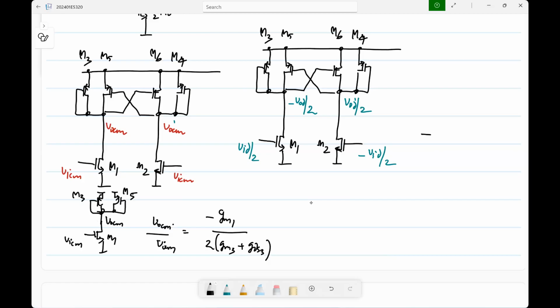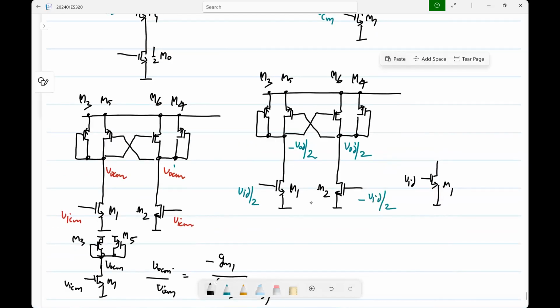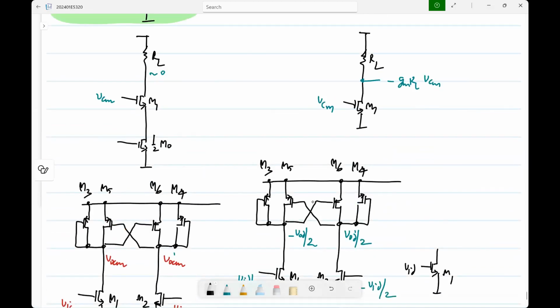In the differential half circuit, what do you get? You have M1 VID, and then you have this diode connected transistor and another transistor.